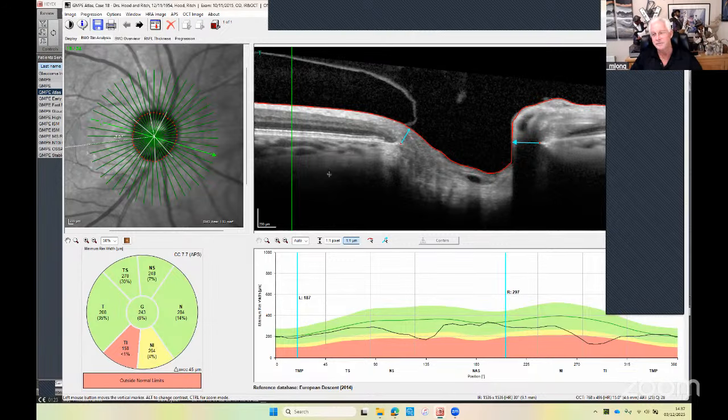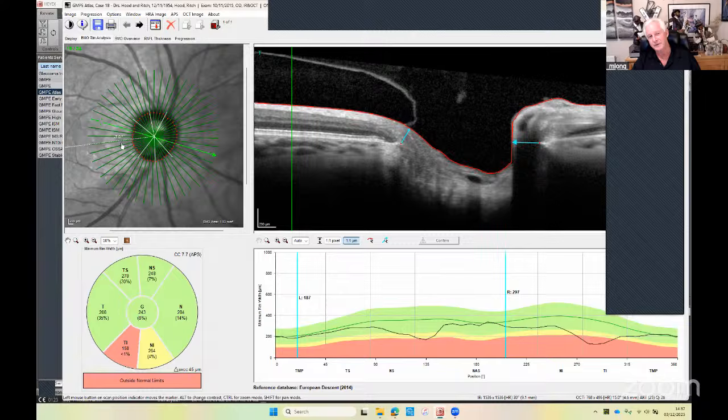The idea of this exam is that we're measuring the actual rim which is thinning. So it's the cause of the cup disc ratio that we're looking at now, rather than trying to make a subjective assessment of what is happening there. So that's a little bit of a change in thinking.